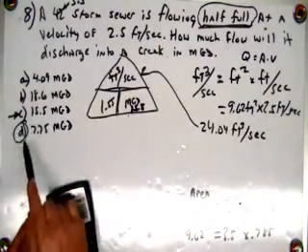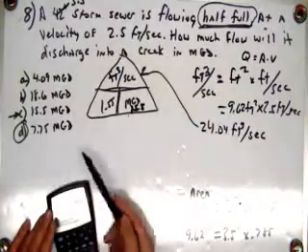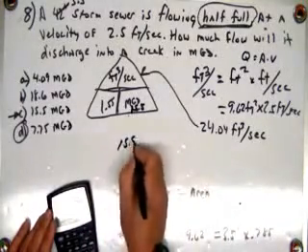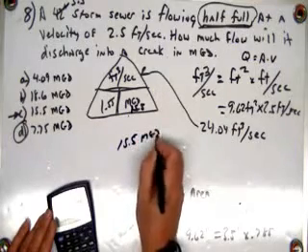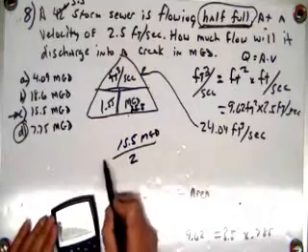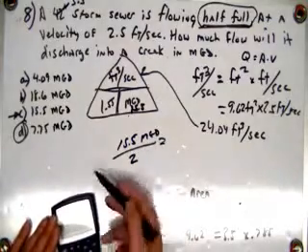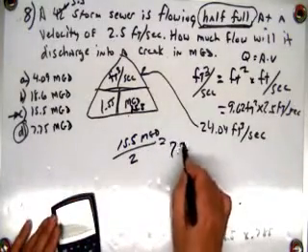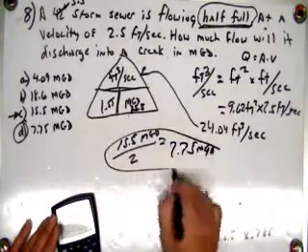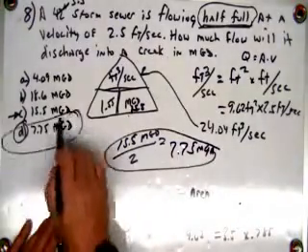But I've already circled D. And so I realize that I forgot to cut it in half. So I go 15.5 MGD divided by 2, because the pipe is half full, is going to equal, I don't need a calculator for that, 7.75 MGD. And there's my answer, D.